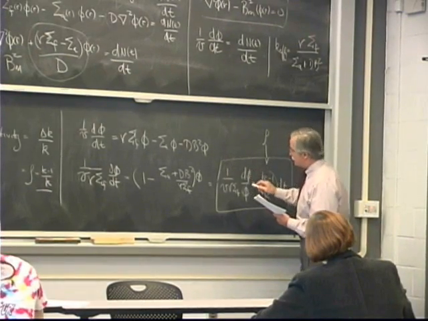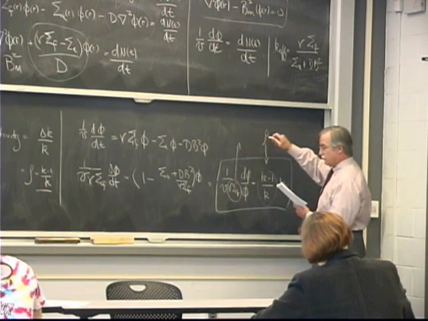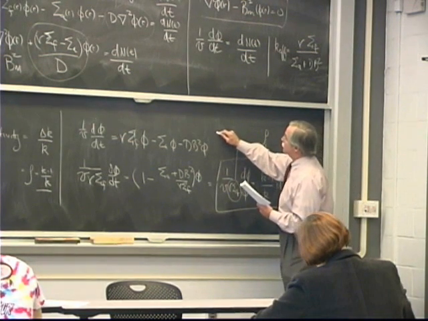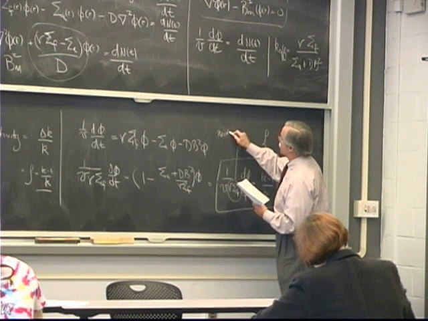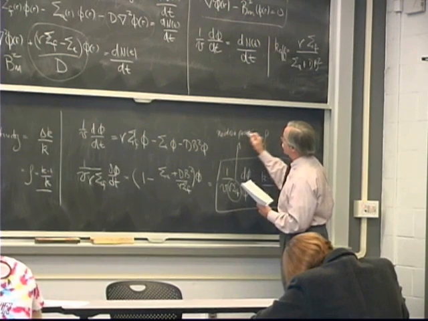What people sometimes call the nu sigma F term is really called the neutron production cross-section.